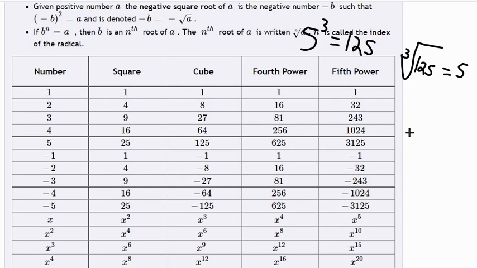And the other case, for instance, let me try one of these here. If it were the cube root of negative 64, well, that's negative 4, because negative 4 times itself 3 times is equal to negative 64.